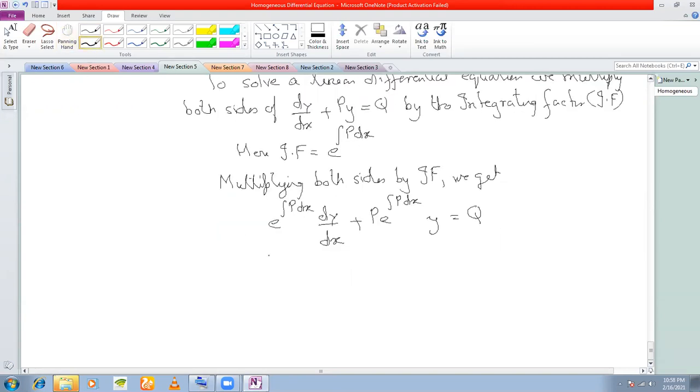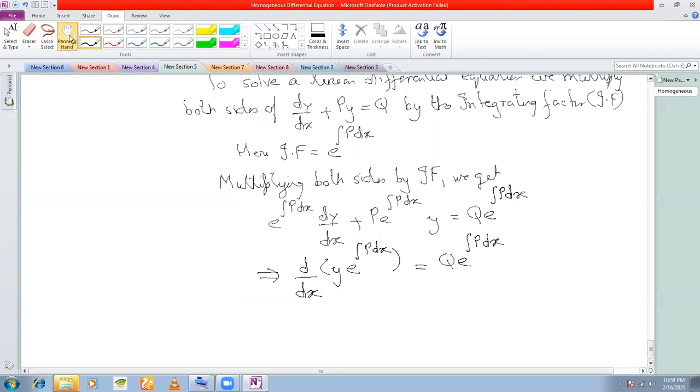Now this step is very important. Once we multiply both sides by the integrating factor, we can write this as d dx of y into e to the power of integral p dx is equal to q e to the power of integral p dx.